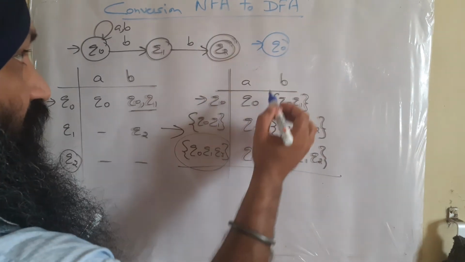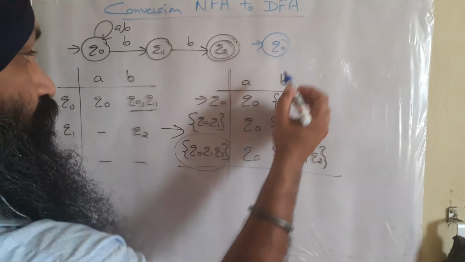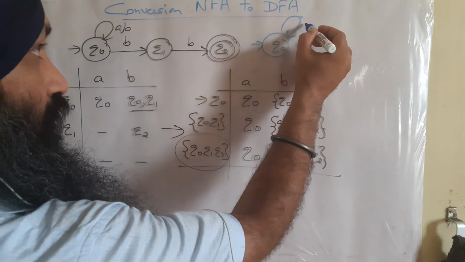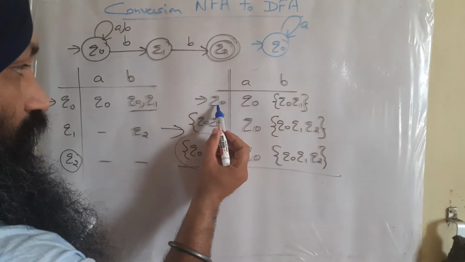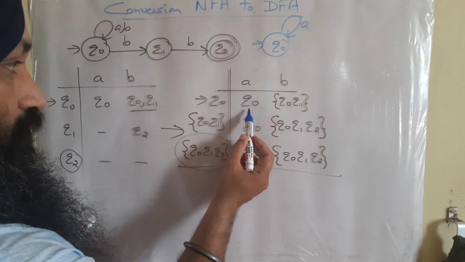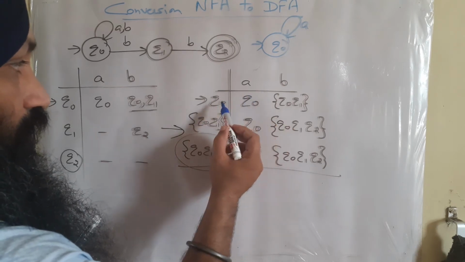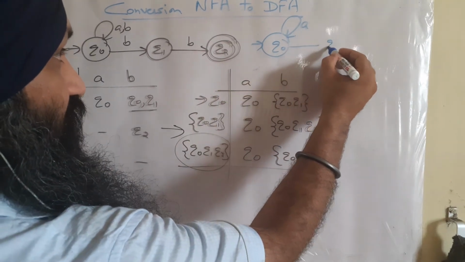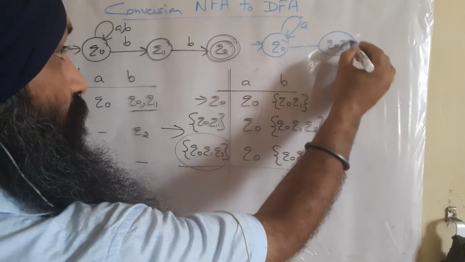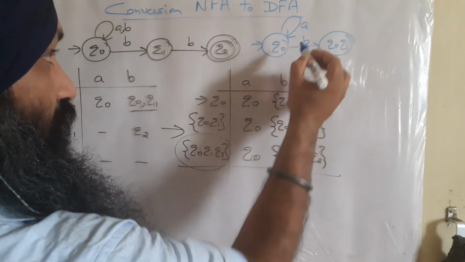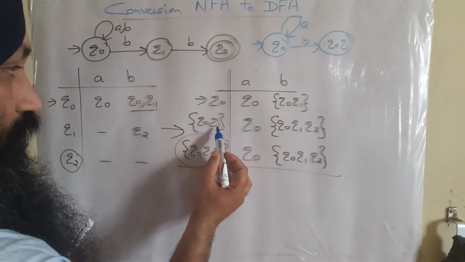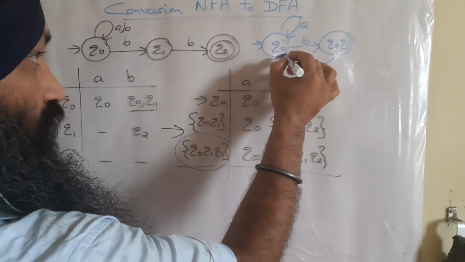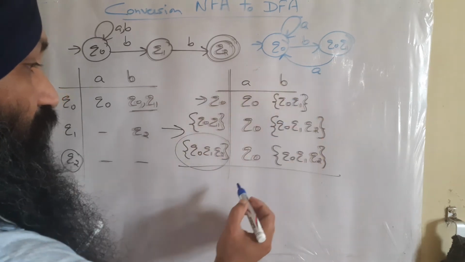Here we are going to draw the diagram for DFA. Q0 with respect to A goes to Q0, so a self loop is there. Q0 with respect to input symbol B moves towards another state, that is Q0 Q1. Next, Q0 Q1 with respect to A moves back towards Q0.